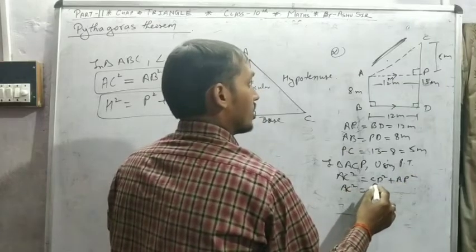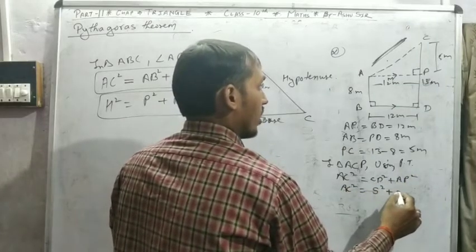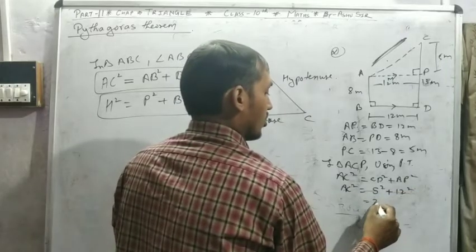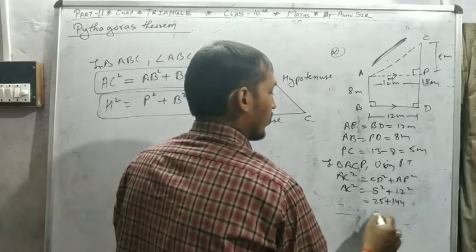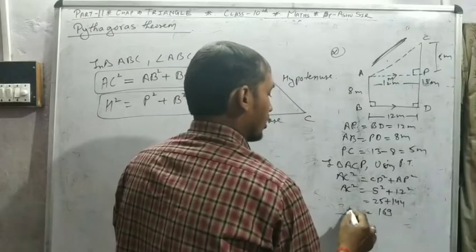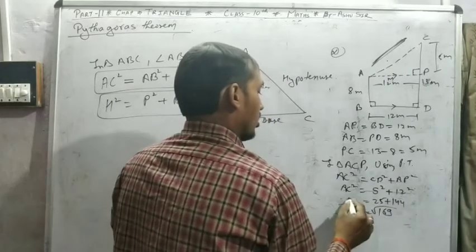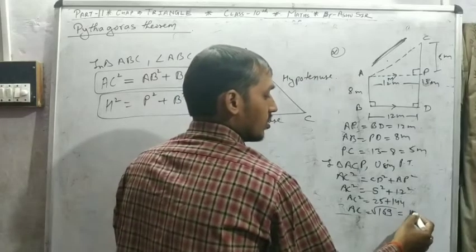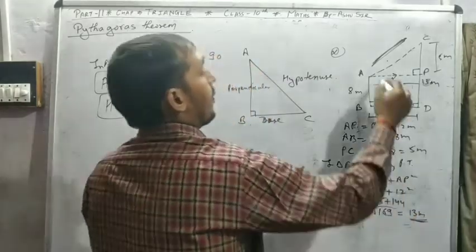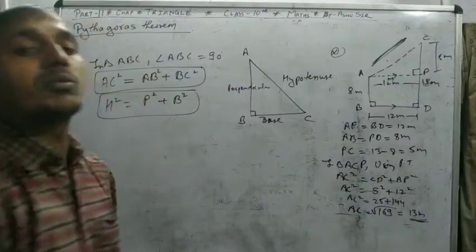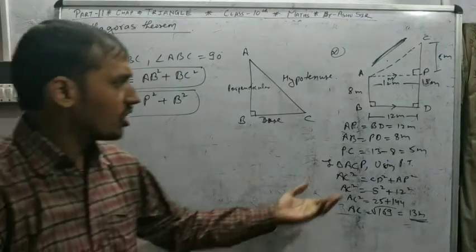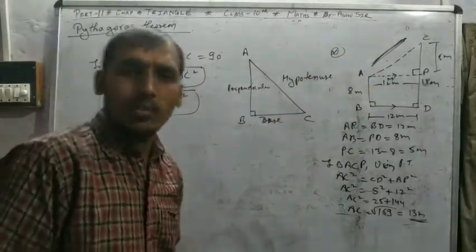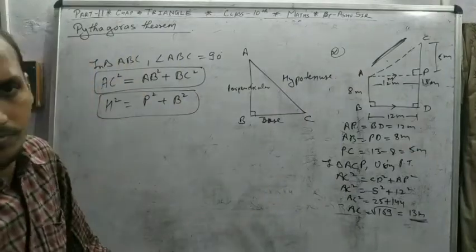So AC squared is 5 squared plus 12 squared, 25 plus 144, 169. So AC is the square root of 169, 13 meter. It means the distance between their tops is 13 meter. It's a basic question we solve by using the Pythagoras theorem.